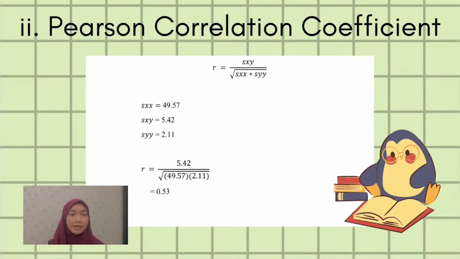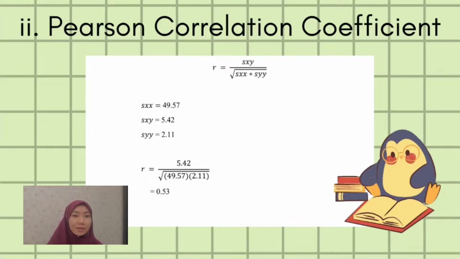So for the next part is the correlation coefficient. The formula is r equals Sxy over the square root of Sxx times Syy. So from all the calculation, we already got the value of Sxx, which is 49.57, Sxy 5.42, and Syy is 2.11.